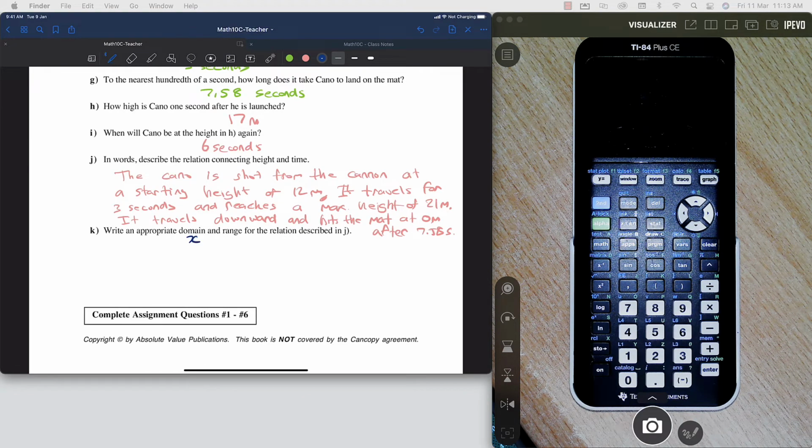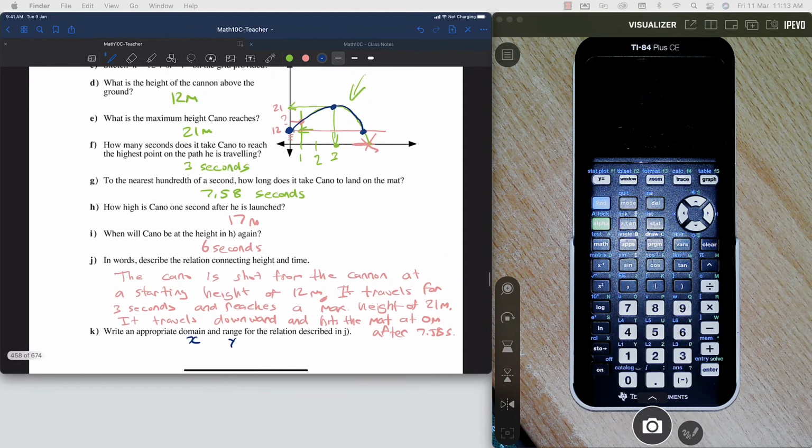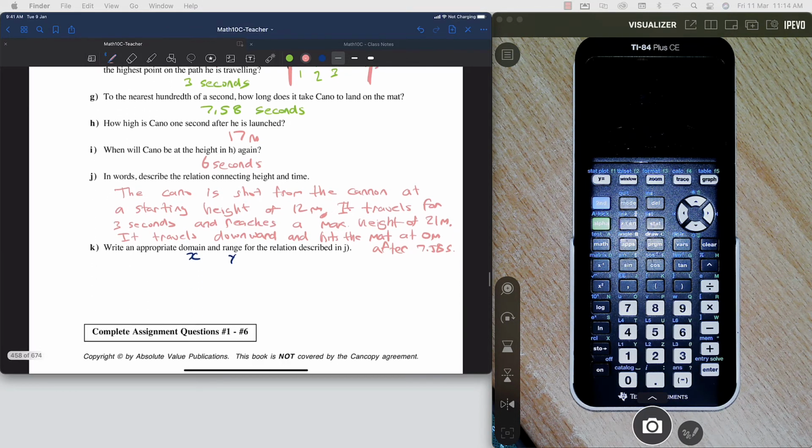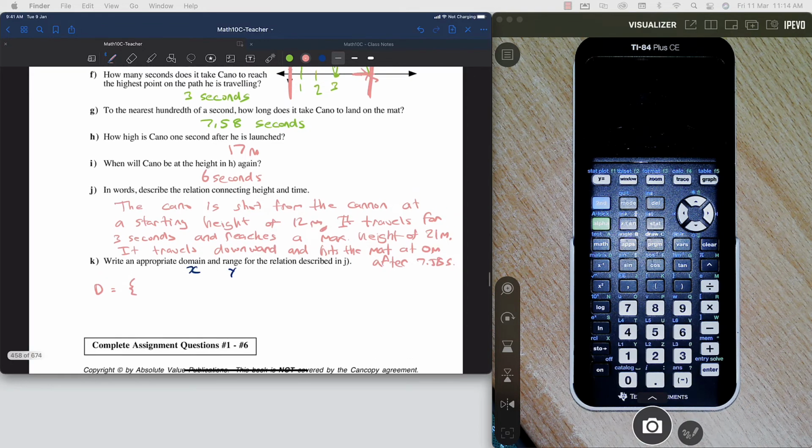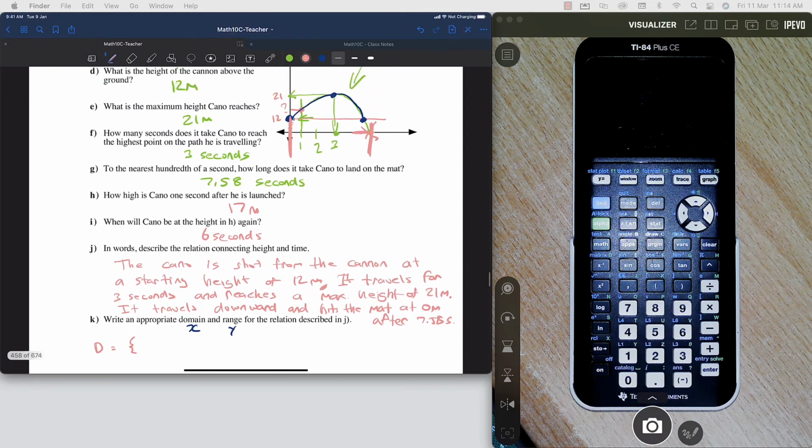And the last one basically says write an appropriate domain and range. Remember, domain is x and range is going to be y. So let's take a look at our x values to begin with. So x is going to be starting at 0 and ending at 7.58 seconds. So the domain is going to equal, now I could put x, but really what we should be writing there is, what is the x called?